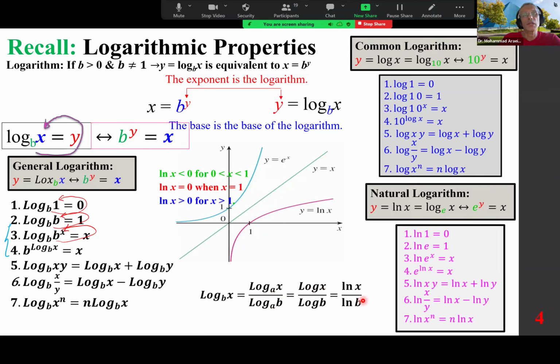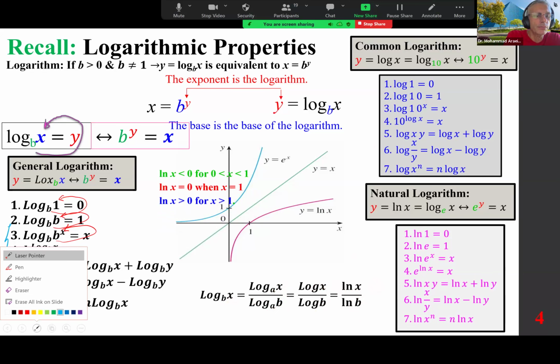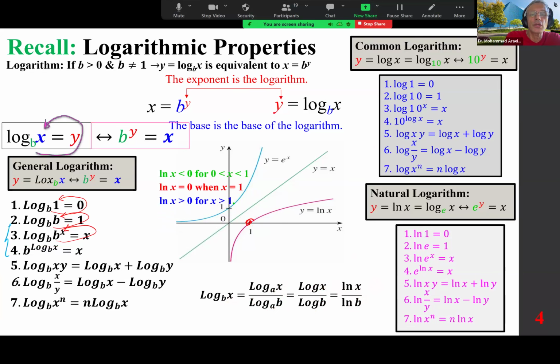And as you can see from the graph, what does this say? This point has coordinates 1, 0. So at x equals 1, ln x, the y coordinate is 0.